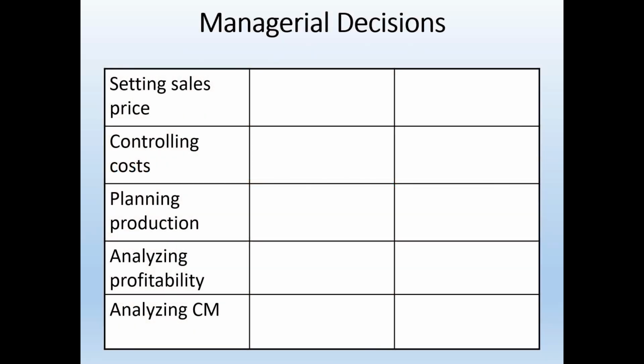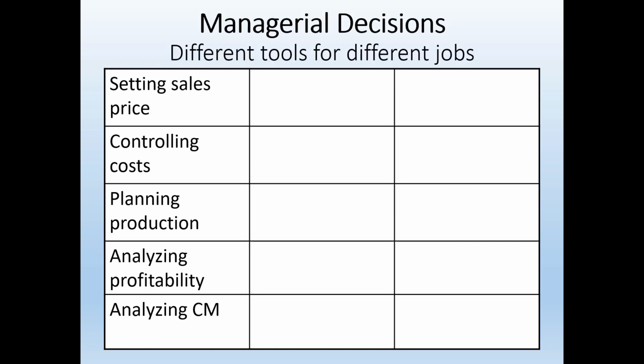The final question that we need to think about is which method, absorption costing or variable costing, we should use for different managerial decisions. We need to pick the right tool for specific jobs.